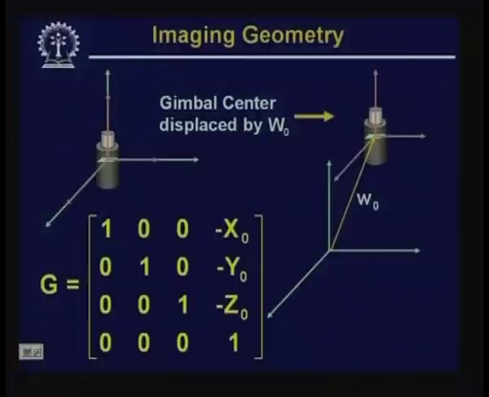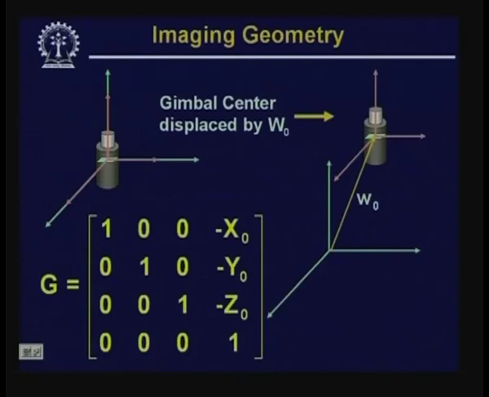And we have seen earlier that if a 3D point is to be displaced by minus x naught, minus y naught, minus z naught, then in the unified representation, the corresponding transformation matrix for this translation is given by G equal to 1 0 0 minus x naught, 0 1 0 minus y naught, 0 0 1 minus z naught, and then 0 0 0 1.